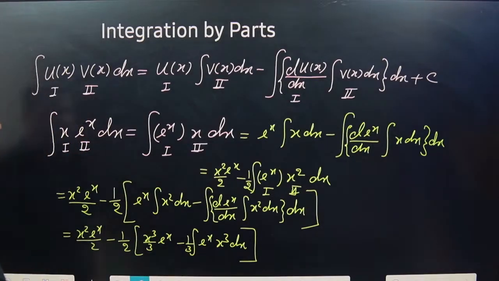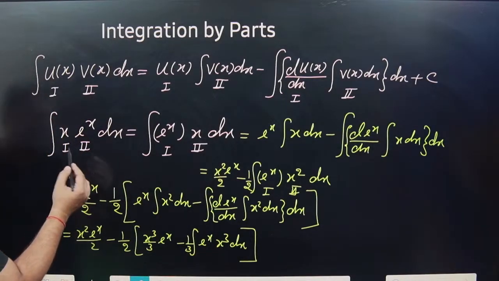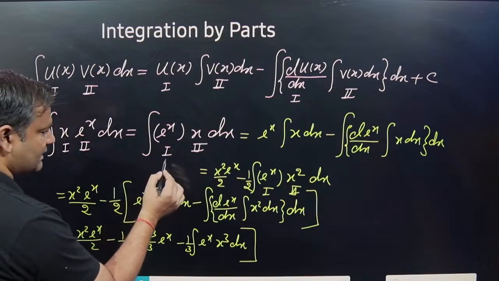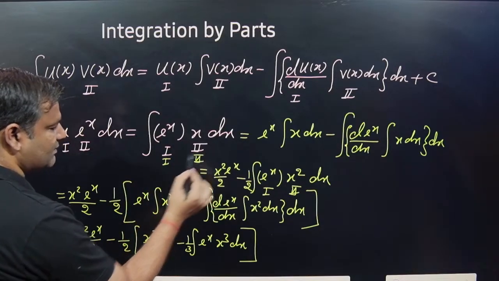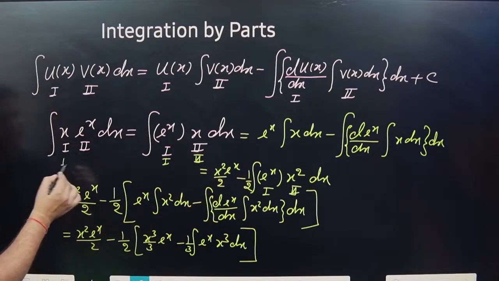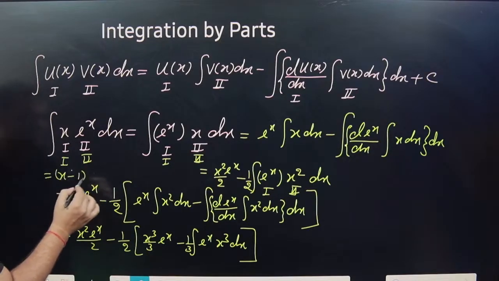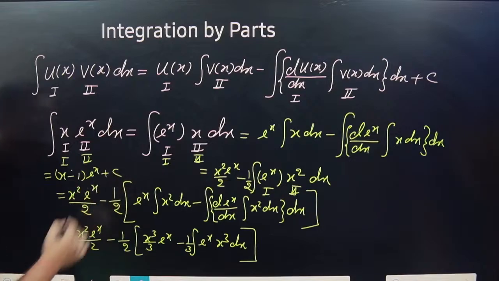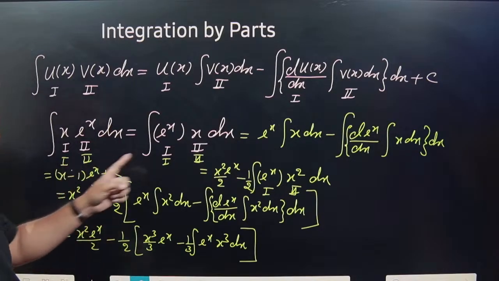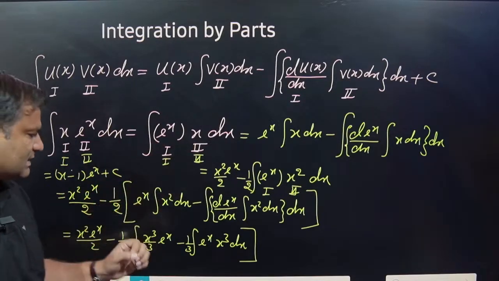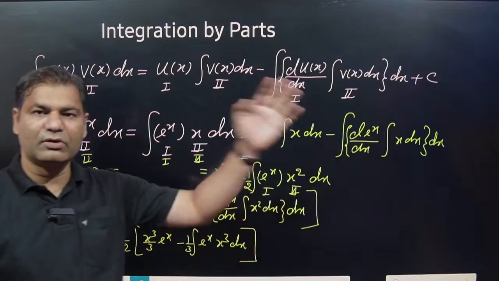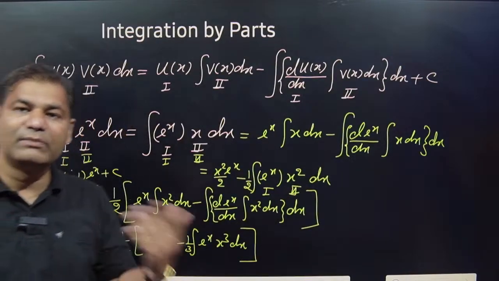Okay, why? Because if you take this one as first function and this one as second function, then otherwise, if you take this one as first function and this one as second, then we got x minus 1 into e to power x plus c. But if you take this one first and this one second, then you go a long way, meaning more time.